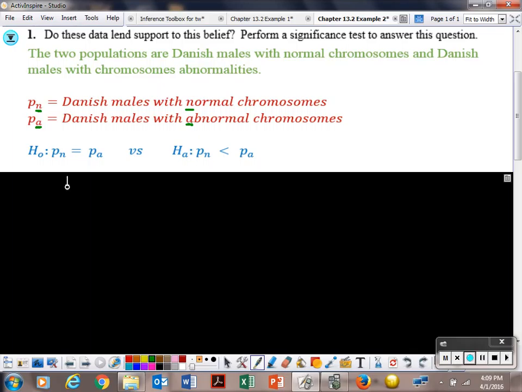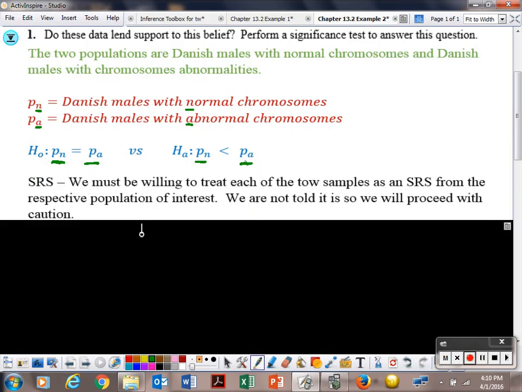Now, if you start with p sub n equals p sub a in the hypothesis, you have to do p sub n, p sub a. Don't switch those around. So p sub n is going to be less than p sub a for the abnormal. All right, so step one is done.